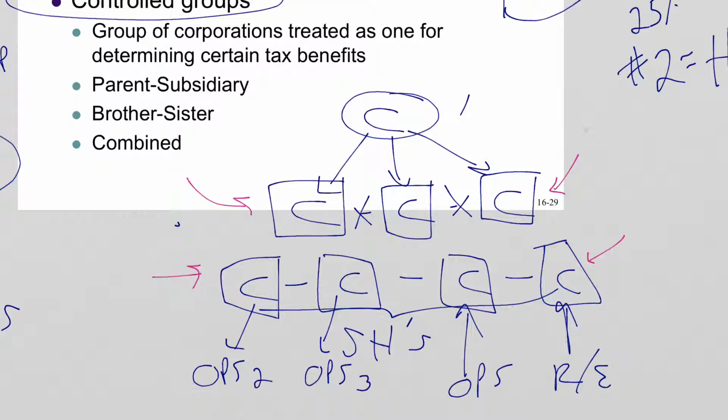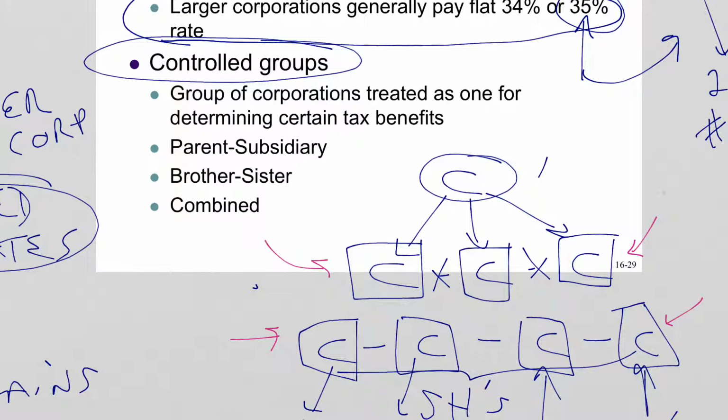So just like the tax law outlawed that concept of spreading out income amongst family members in order to use the graduated rates, the same thing with corporations. They have this control group.